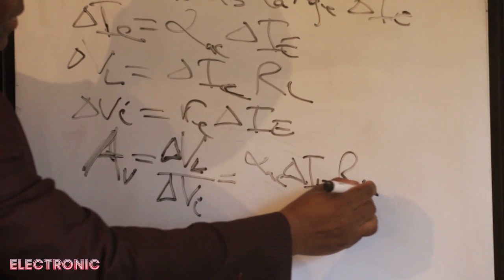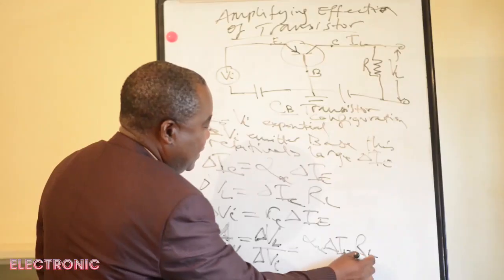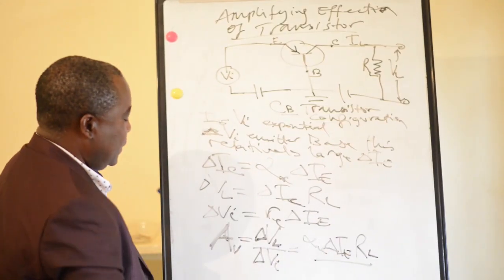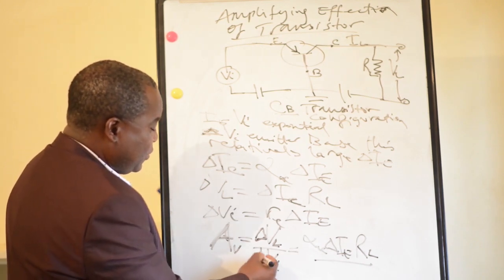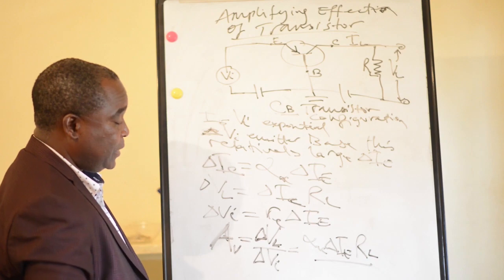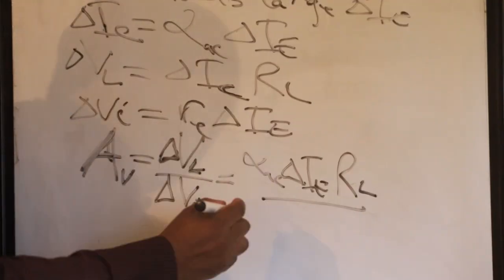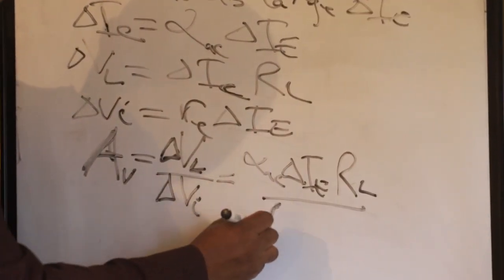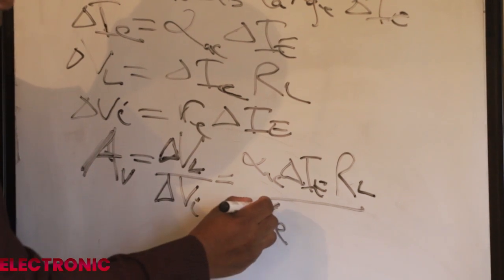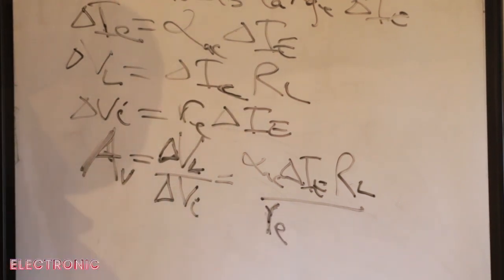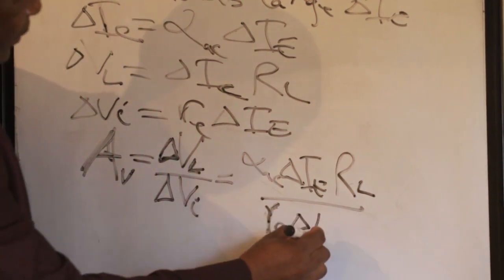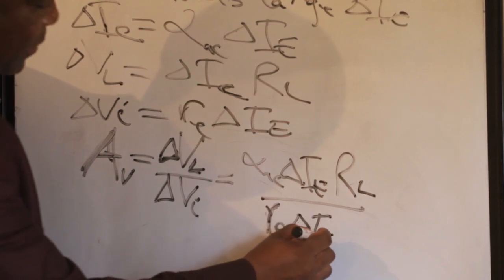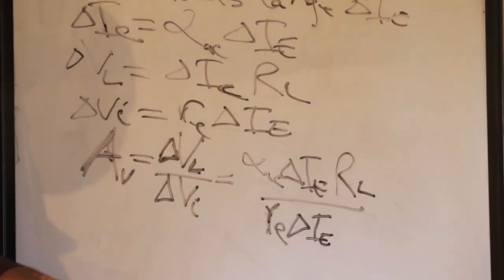So our resistance is RL, our load resistor, over our input. The small triangle means a small change in voltage, which can also be represented by this small r, the dynamic emitter junction resistance. The small r means the small change in emitter or input current.